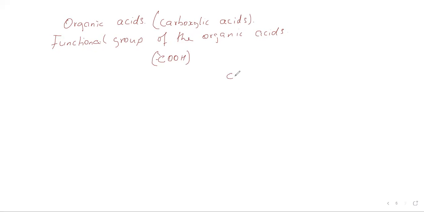Now we have this one here. We have OH there, and we have an O here. Therefore, we will have an H there. And then 1, 2, 3, 4, 5.